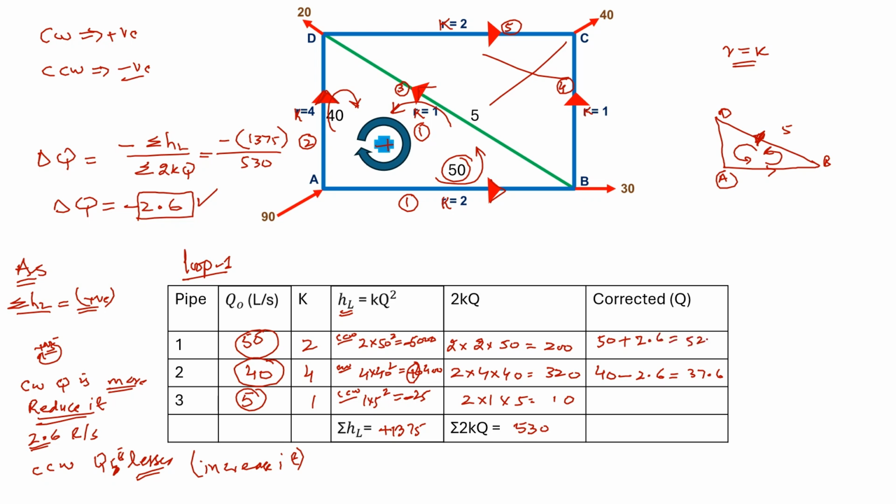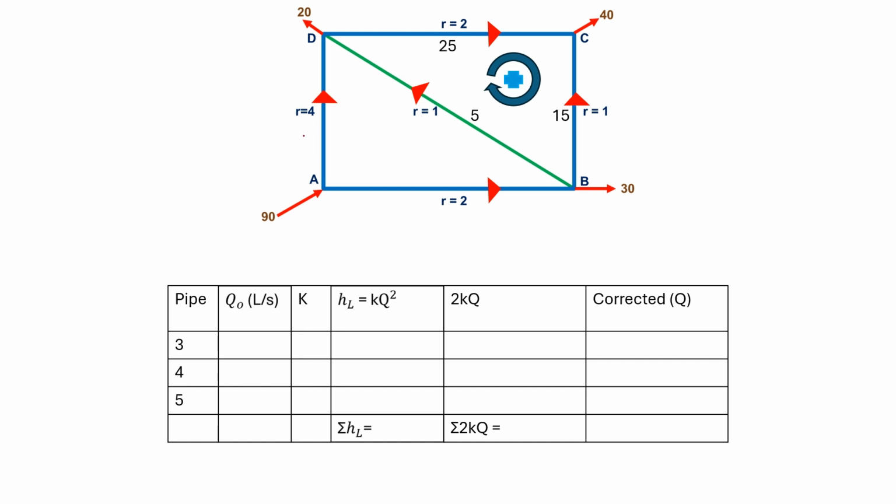This will be 52.6, and this 5 will be increased by an amount of 2.6, 7.6. It means that we now have new discharges for these three pipes: for the first pipe we have 52.6, for this we have 37.4, and for this we have 7.6.